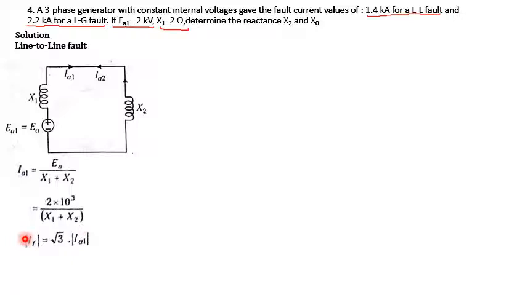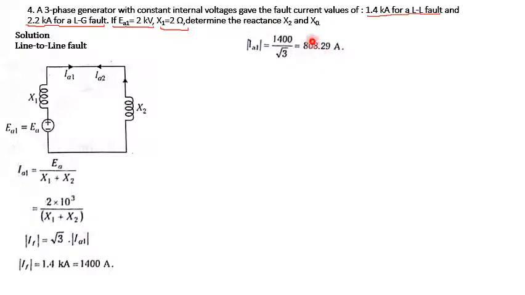What is the expression for the fault current for line to ground fault? Here it is not line to ground, it is line to line fault. The expression for this is IF is equal to root 3 times IA1. It is given in the problem that IF is 1.4 kiloamperes, that is 1400 amperes. Calculating IA1, we get 808.29 amperes.